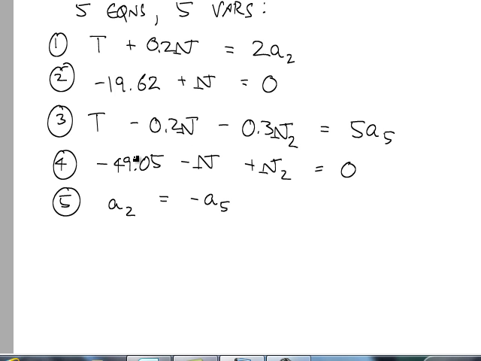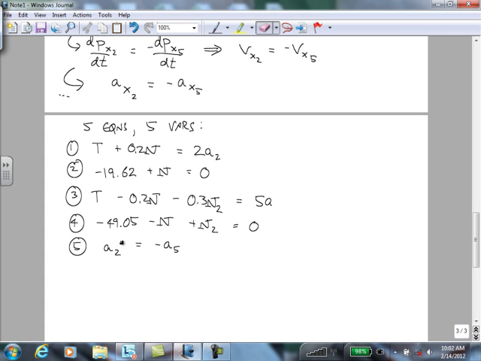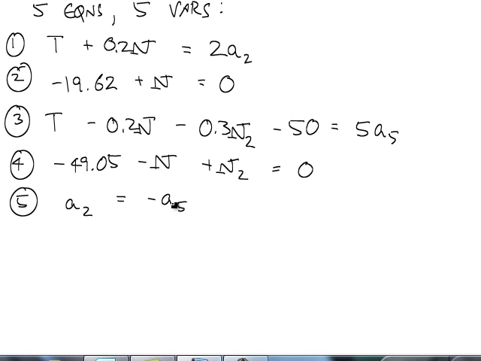And the fifth one says a2 equals negative a5. Those all are 15 Newton. Yes, you're right, I missed that there. Thanks. So that should be a minus 50 is equal to 5a5.